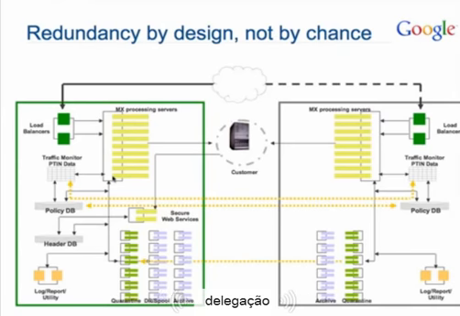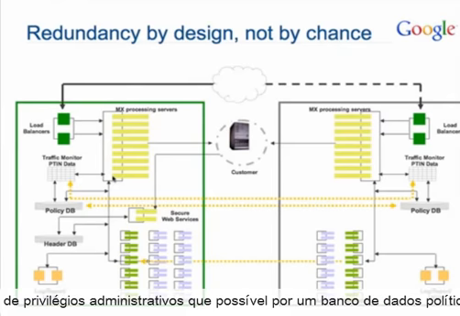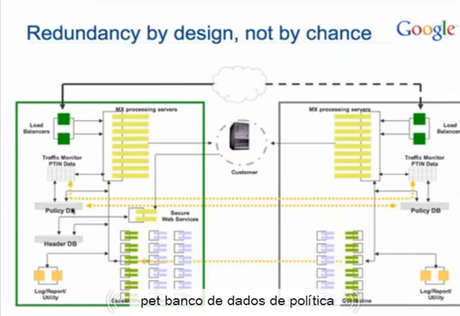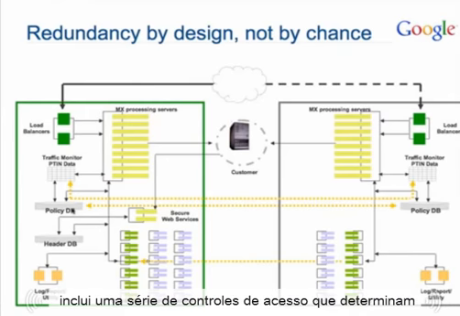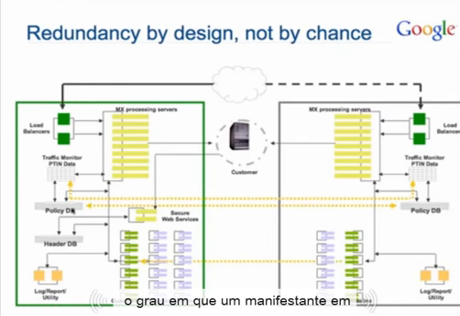Incidentally, the delegation of administrative privilege is made possible by a policy database. That policy database includes a series of access controls which determine the degree to which an administrator might make changes to a particular user's profile.